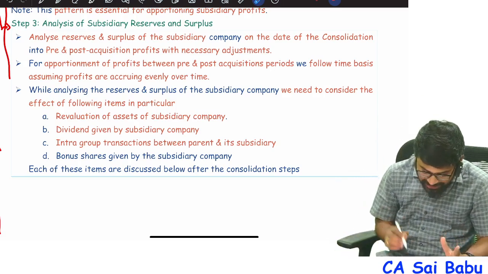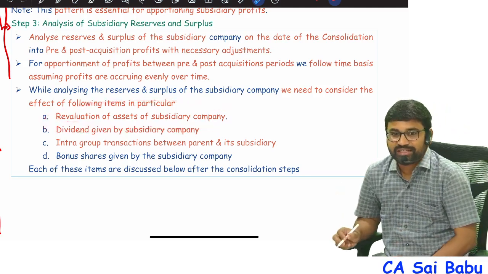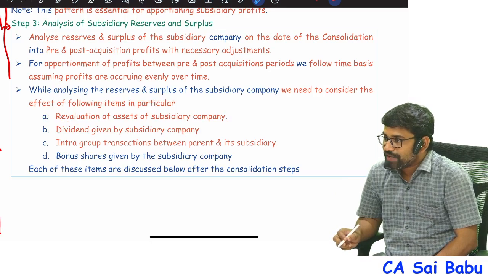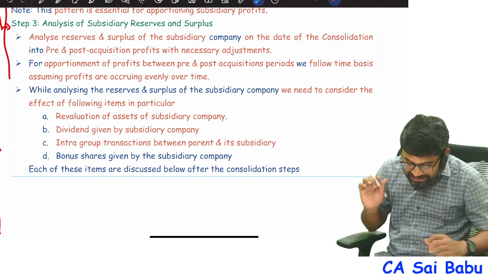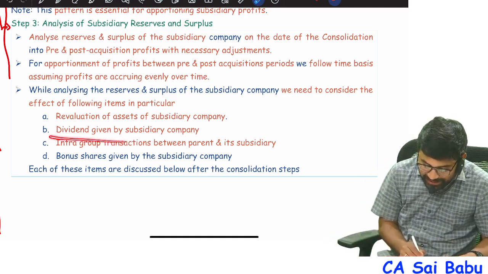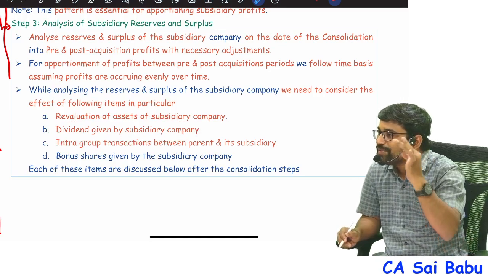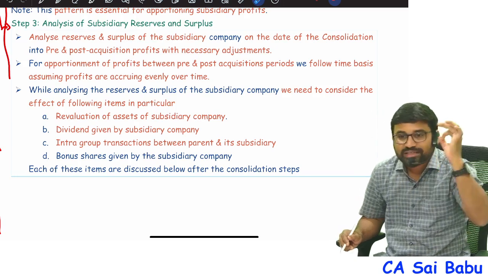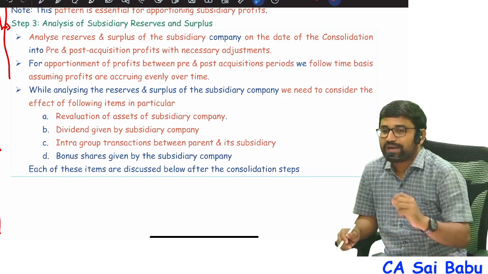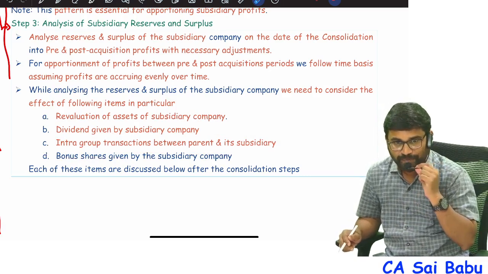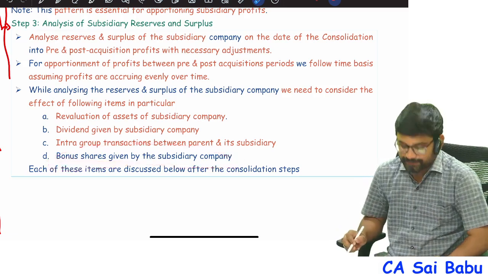First adjustment is revaluation of assets of subsidiary company. Second adjustment, sir, dividend given by subsidiary company. Third adjustment, sir, intra-group transactions between parent and subsidiary. And also bonus shares given by the subsidiary company.